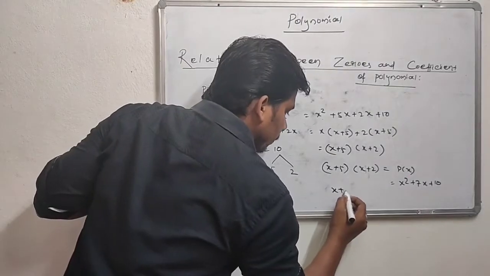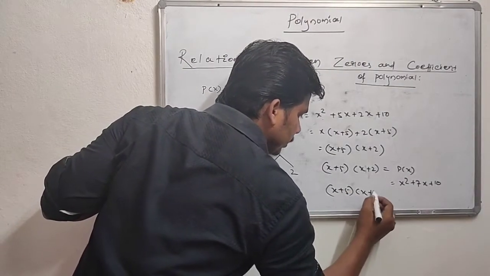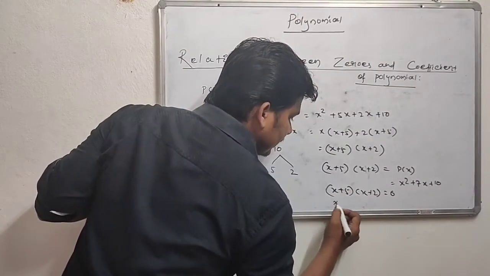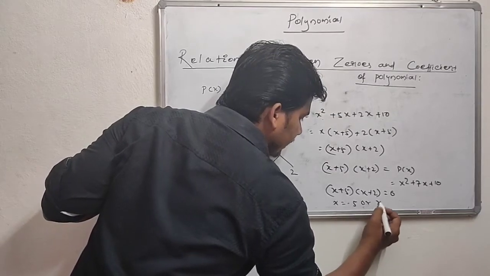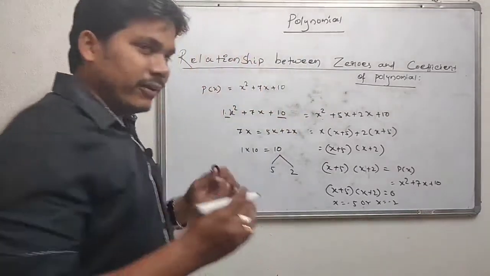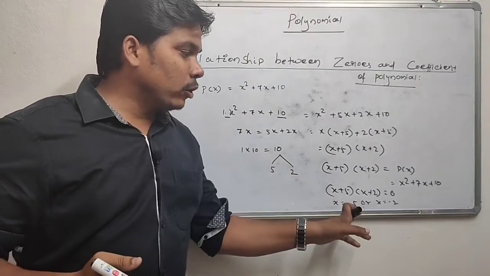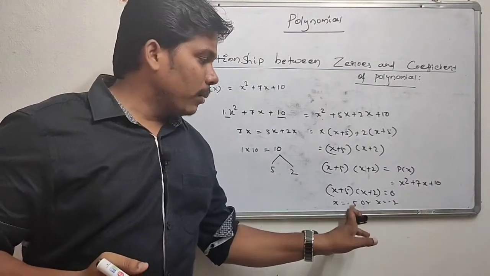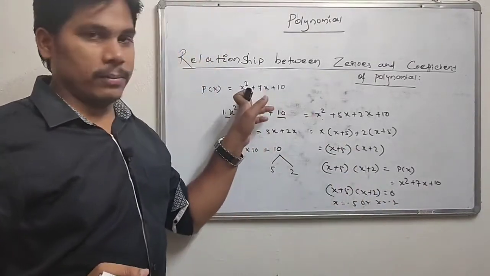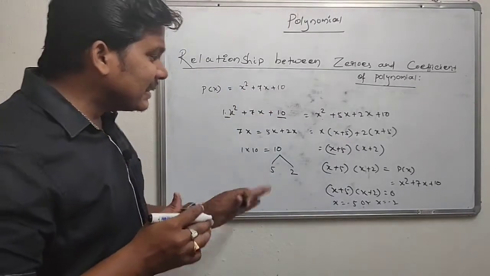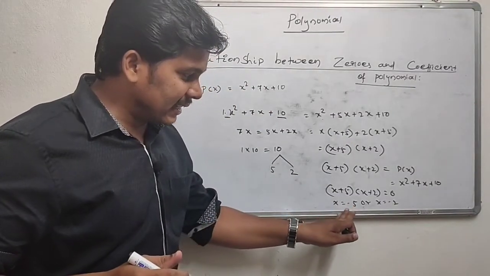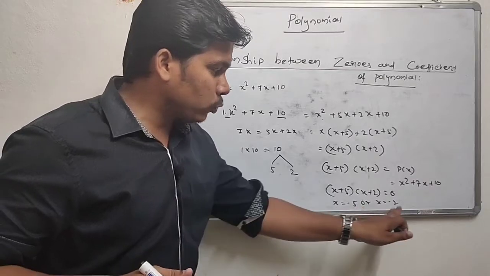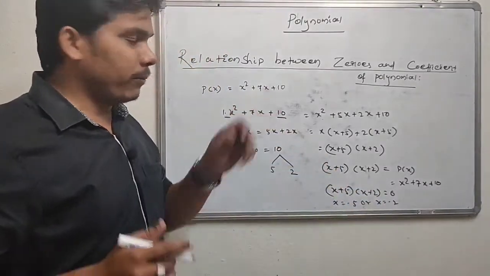If x plus 5 into x plus 2 is 0, then we can say x is equal to minus 5 or x is equal to minus 2. Now we can understand easily here, x equal to minus 5 and x equal to minus 2 are both zeros of this polynomial. Now see, is there any relation between these two zeros and the coefficients?